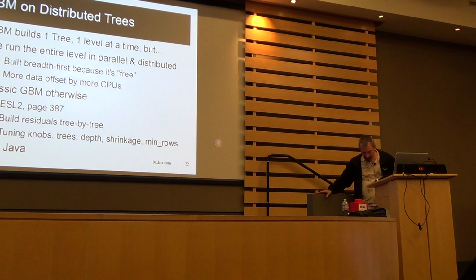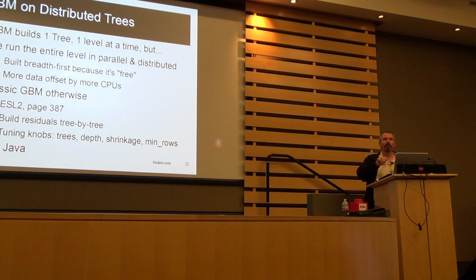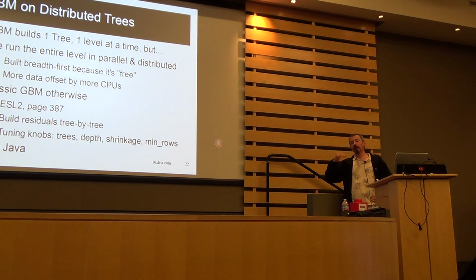So one of the things that has been commented about GBM is it's not parallelizable because of the nature of building the second tree from the residuals of the first tree. I've not changed that, or worked around that magically or anything. Instead, what I'm doing is parallelizing it through the data. So there's still a latency issue, tree by tree by tree, layer by layer by layer.